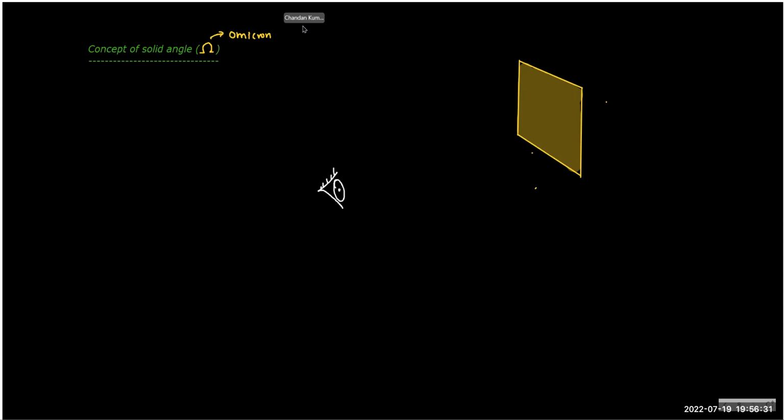So what is happening? The light ray from every point of the surface is arriving at the eye.